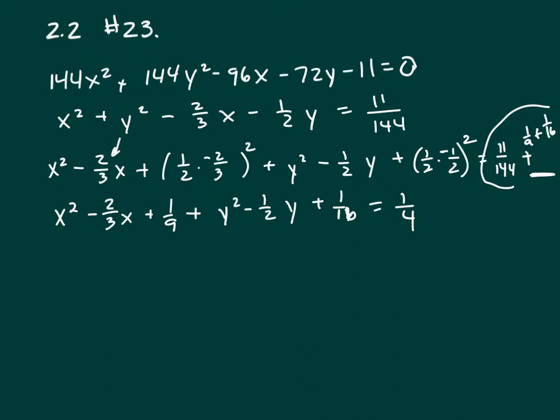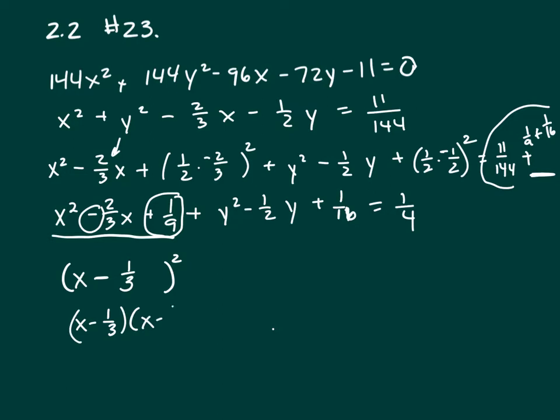All right, so if you've done this completing the square right, the way you will factor this, it will be your variable, x in this case, whatever sign you see there in the middle term, minus, and take the square root of your constant. And you can check that: x minus 1/3 times x minus 1/3, that's x squared minus 1/3 x minus 1/3 x plus 1/9.